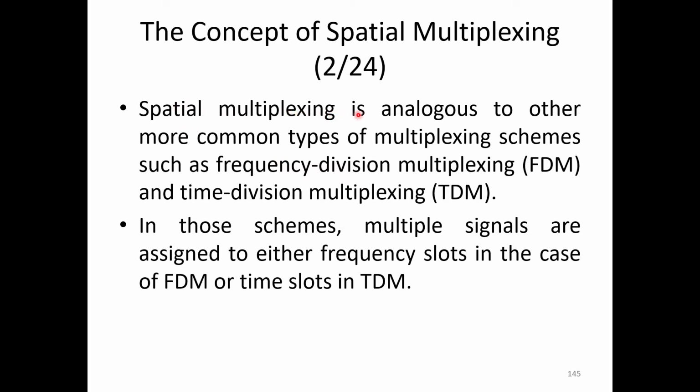Spatial multiplexing is analogous to other more common types of multiplexing schemes, such as frequency division multiplexing (FDM) and time division multiplexing (TDM). In those schemes, multiple signals are assigned to either frequency slots in the case of FDM or time slots in TDM.